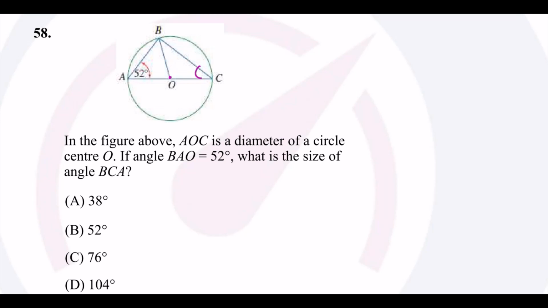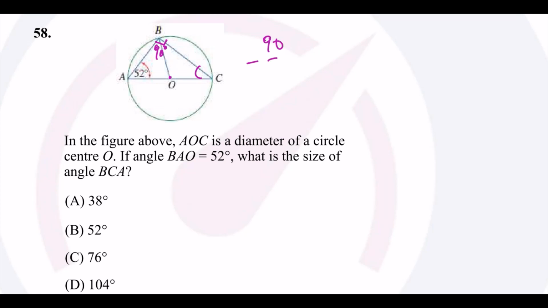But we know that angles in a semicircle, angles in a semicircle at the circumference, so we know that right here is going to give me 90 degrees. So in a regular triangle now, to find the size of C, we can just easily say 90 minus 52, because we have complementary angles, so we can subtract 52 from 90.